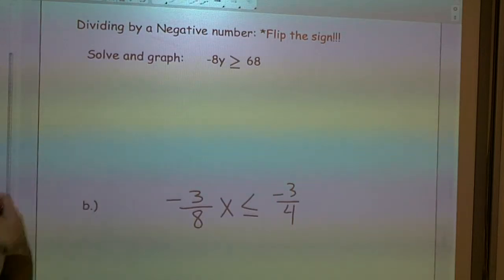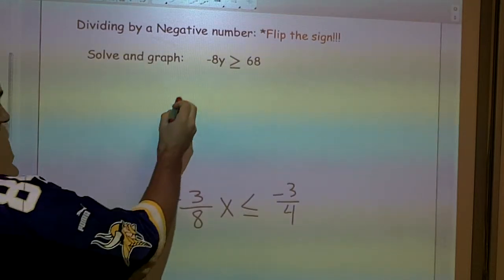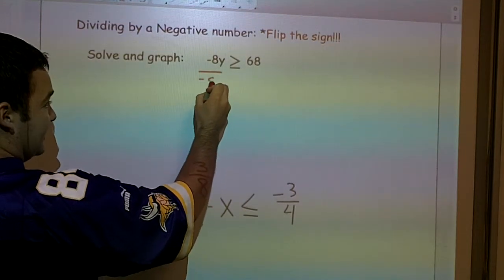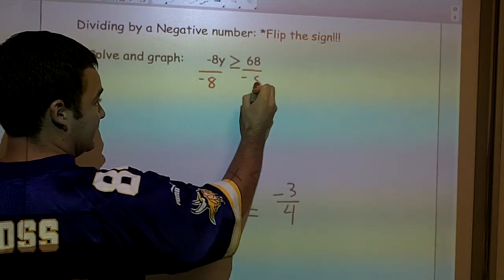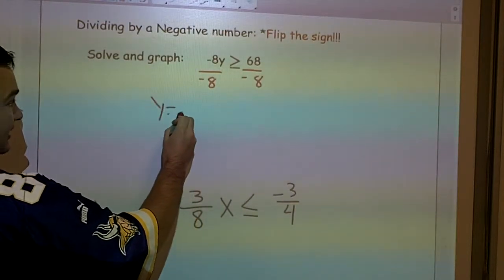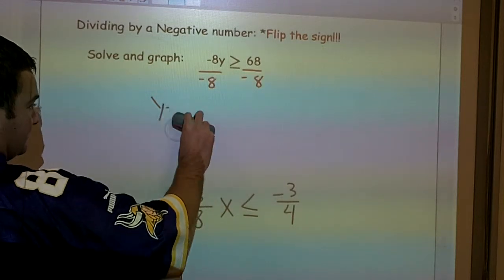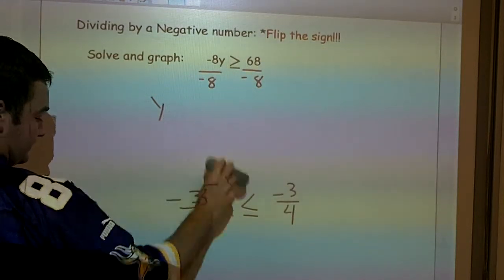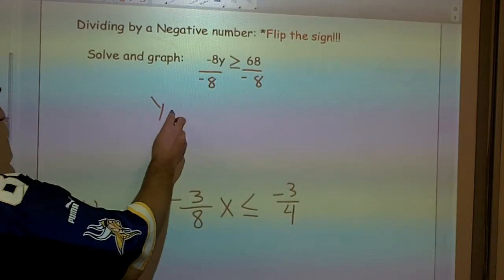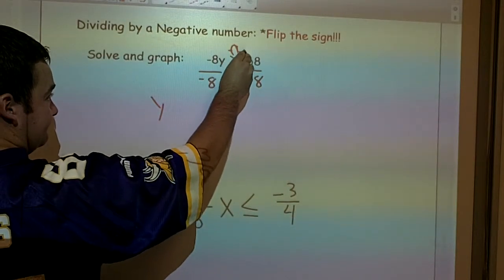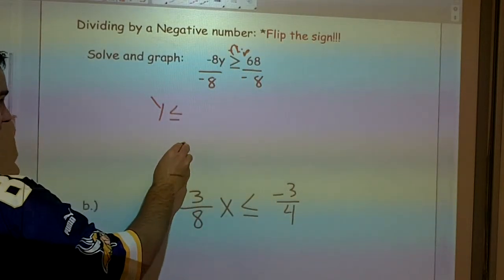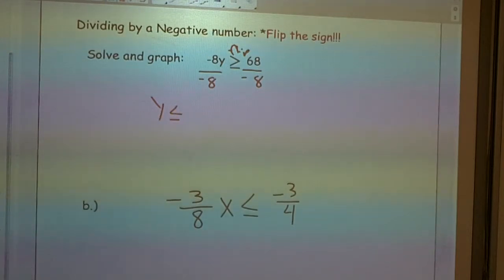So we get negative 8y is greater than or equal to 68. In this case, we are going to divide both sides by a negative 8. Divide by a negative 8, and y is now, we flip this, y is less than or equal to 68 over negative 8.